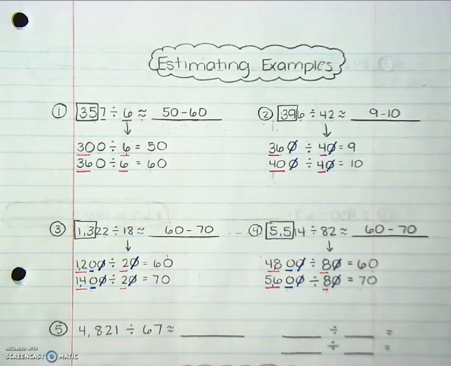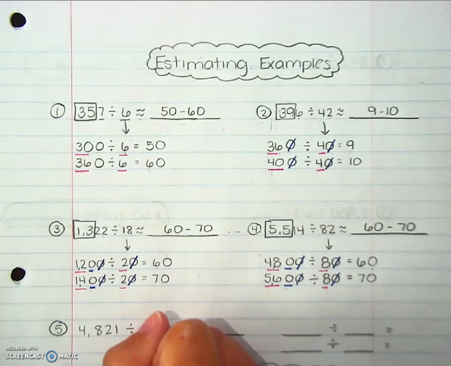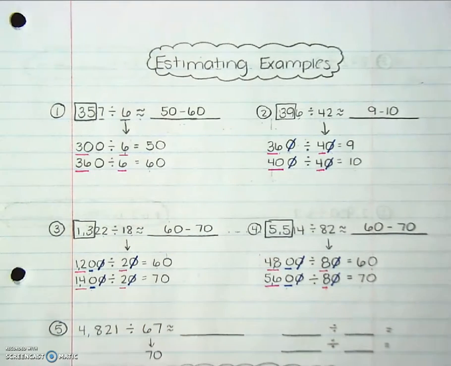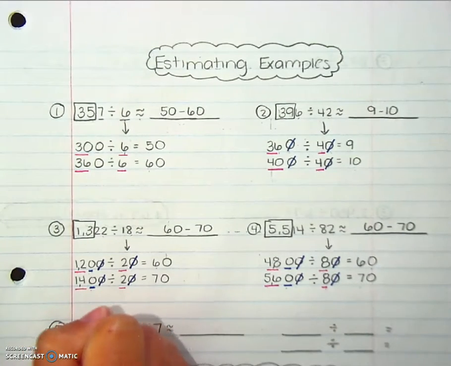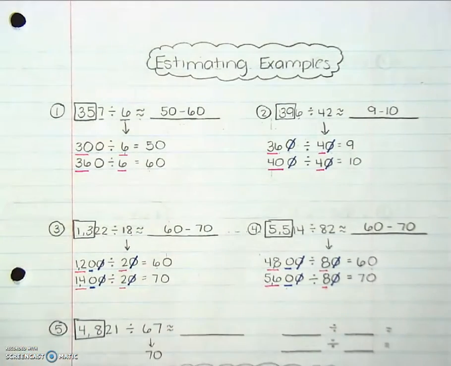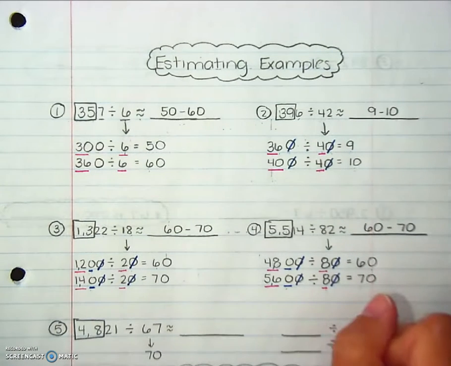So let's take a look at this one together. This time I have 4,821 divided by 67. 67 is about 70. So I'm going to use the friendly digit 7 to help me. I'm going to draw a box around the first 2 digits, the 48, and I need to find a multiple that's lower and higher than 48.